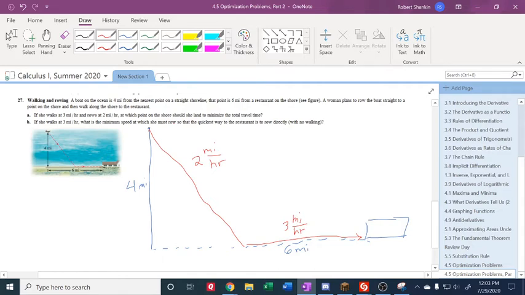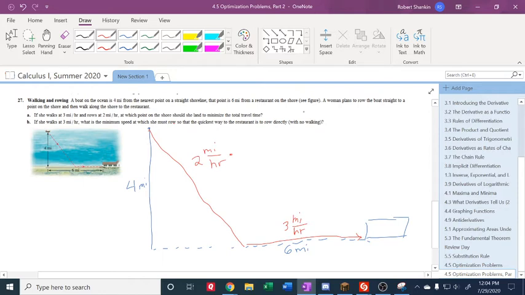And then if we can get this as a distance, we can answer the question, how far from here should she aim in order for this to happen? So how do I turn this miles per hour into a distance? I'm going to have to multiply it by how many hours.